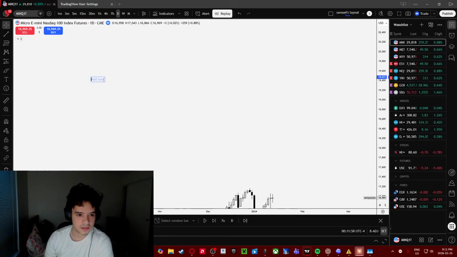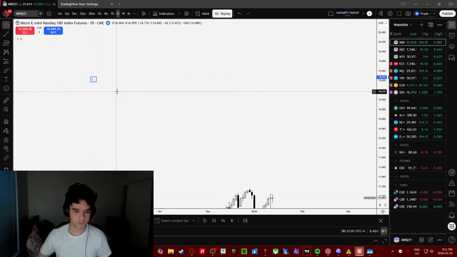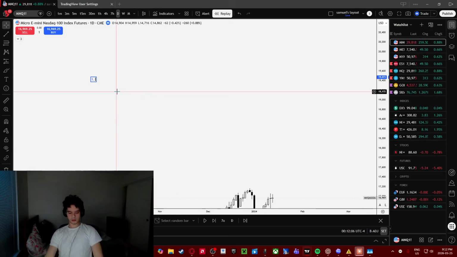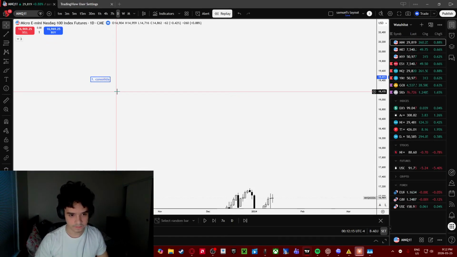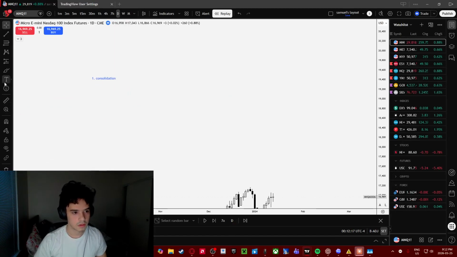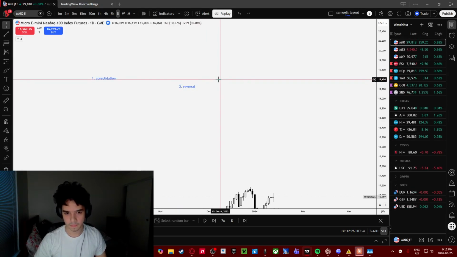The first one is consolidation. The second one is a reversal, the third one a retracement, and the fourth one expansion.